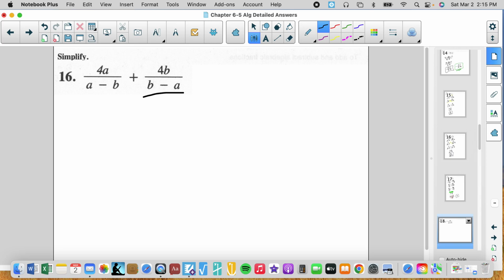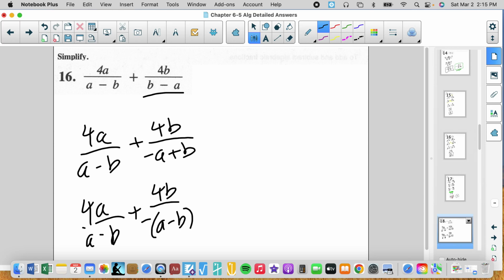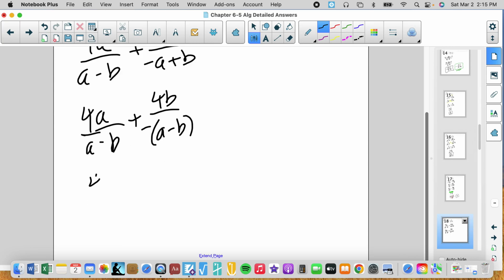We're going to move that around. 4a over a minus b plus 4b over negative a plus b. Factor out the negative: 4a over a minus b minus 4b over a minus b.